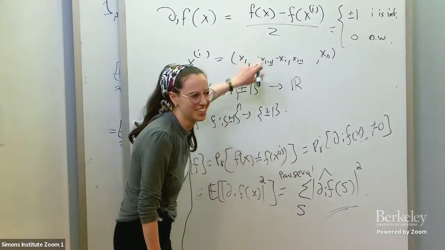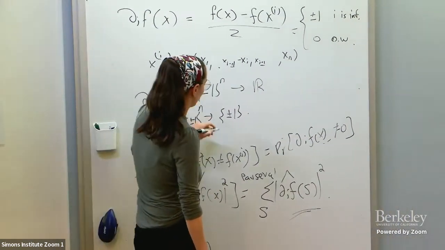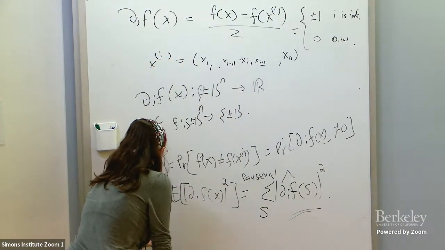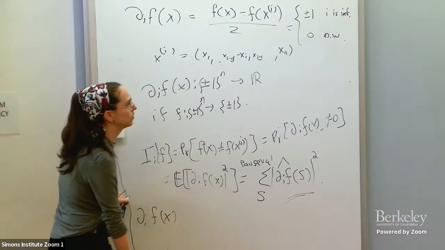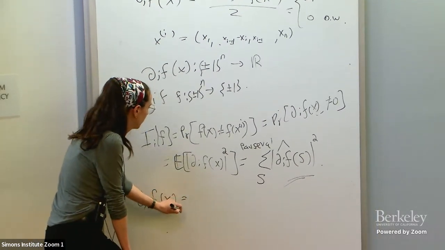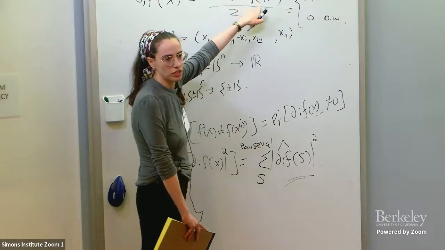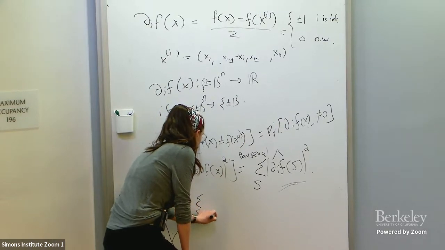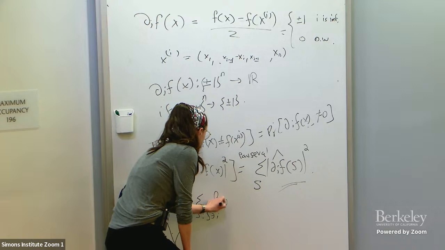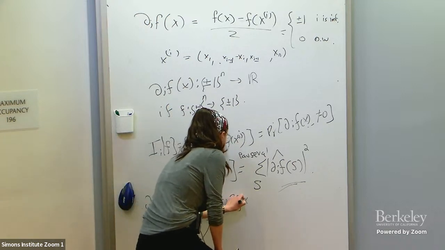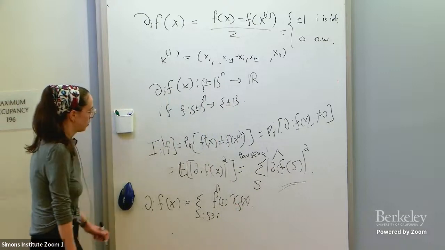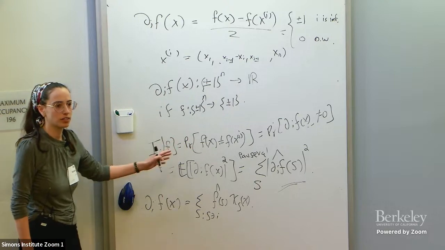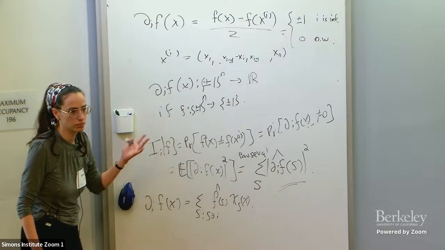The derivative of f equals, we can take the expansion here, and it just becomes the summation of all the characters that contain i. This makes sense because in the i direction, all the characters that don't contain i just do nothing.